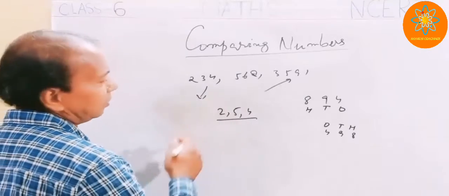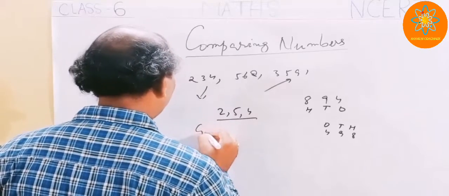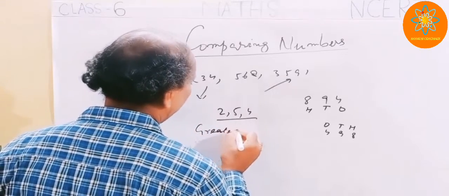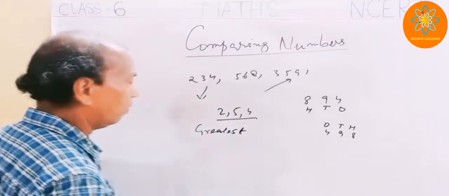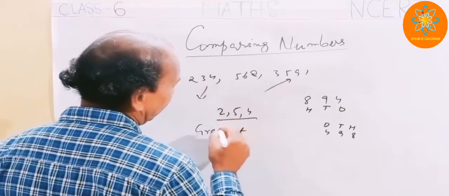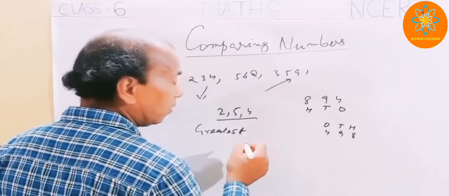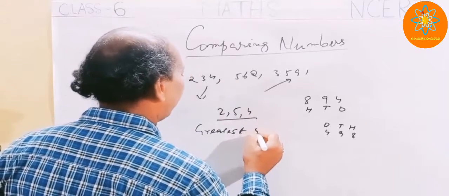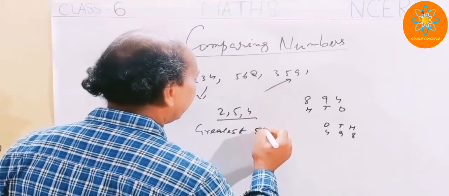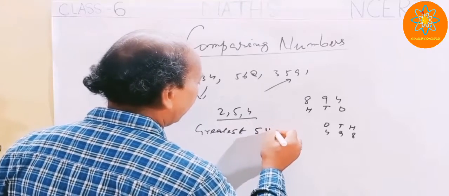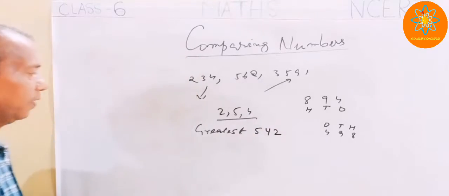For the greatest one, the digit which is greatest is 5. After that we have the 4 and then 2. So this is the greatest number.